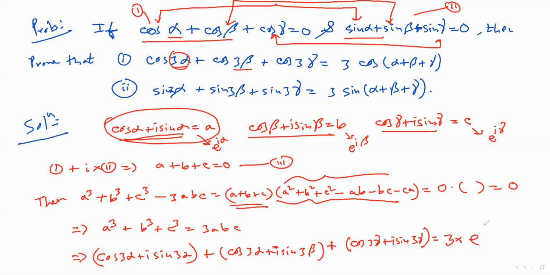So multiply them to get e to the power i times alpha plus beta plus gamma. So the right hand side is actually 3 times cos of alpha plus beta plus gamma plus 3 times i times sine of alpha plus beta plus gamma. So now all you have to do is equate the real part and imaginary part from left and right hand side. We can do that.